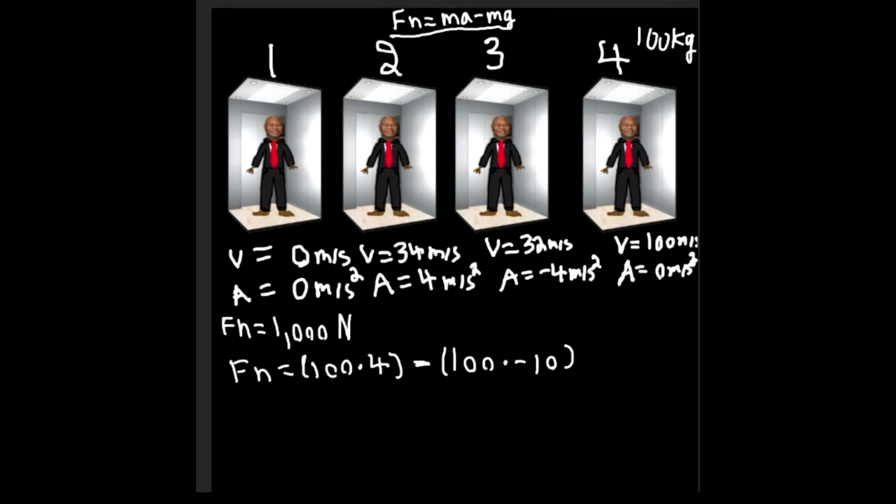Doing the arithmetic, we get 400 minus negative 1000. So our normal force for the second elevator problem would be 1,400 newtons.